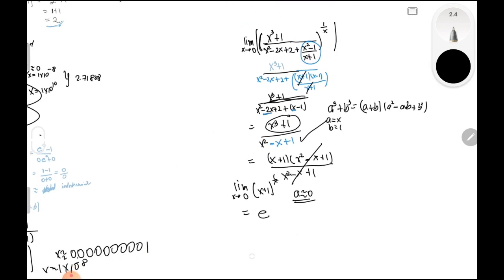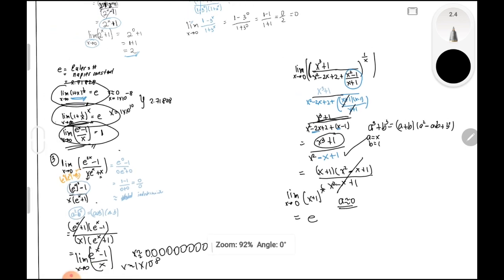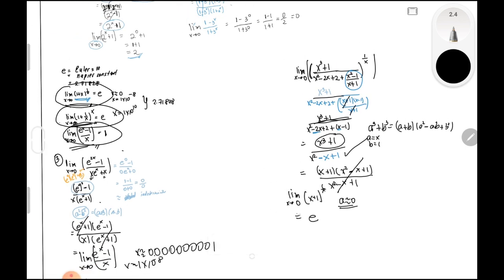Okay, so pag hindi mo alam yung theorem na to, but if you would know this theorem, you will see that you would quickly have the limit of this theorem, which is basically equal to our e.